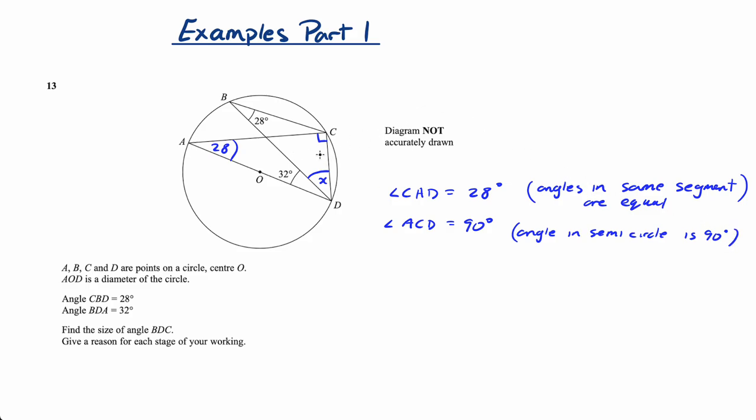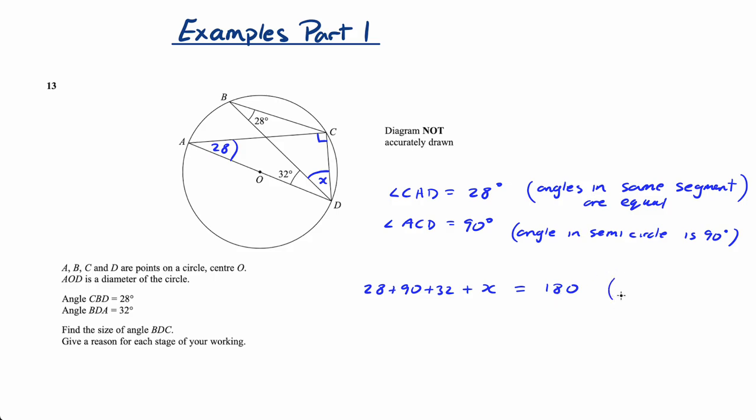And then finally, this is a triangle, this one here. So I can just say 28 plus 90 plus 32 plus X equals 180, because angles in a triangle add up to 180. I don't think you actually need to write down that reasoning here, guys.